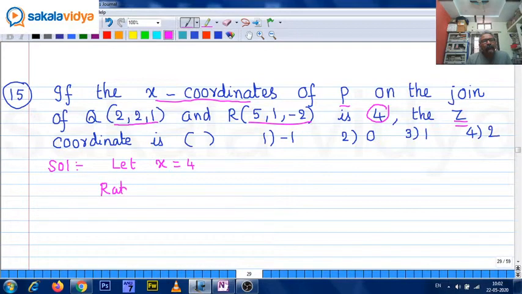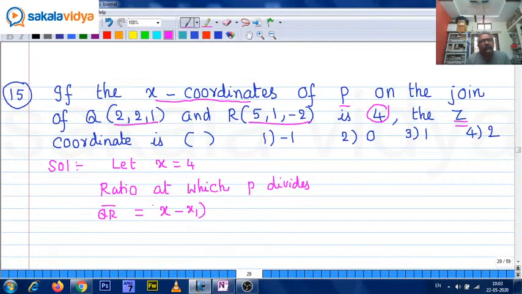Ratio at which P divides QR line segment equals to, we can write like this, x minus x1 is to x2 minus x. That means this is x1, y1, z1, this is x2, y2, z2.